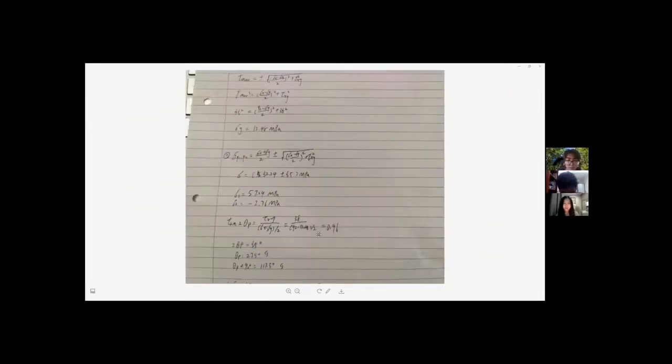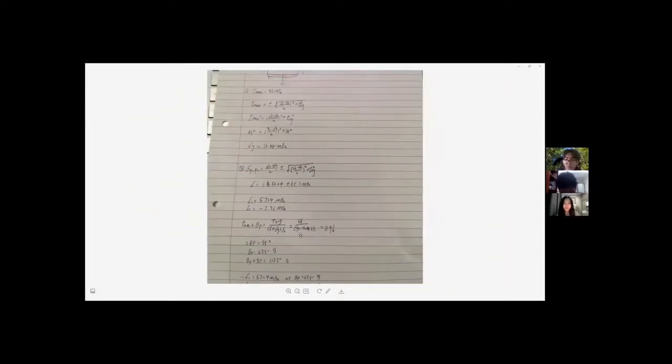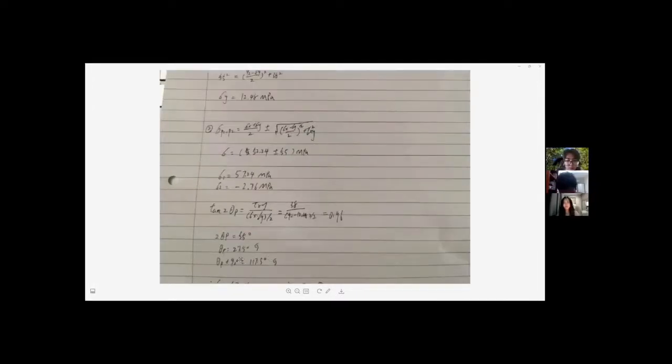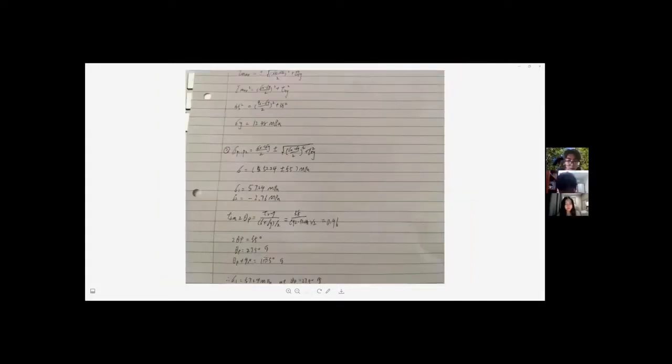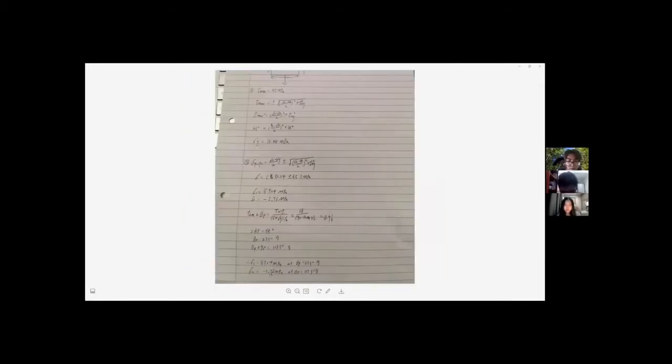This is for the normal stress 1, and for normal stress 2 we need to add 90 degrees, so we got 117.5 degrees. So the final answer is like that. Okay, so that's my part.